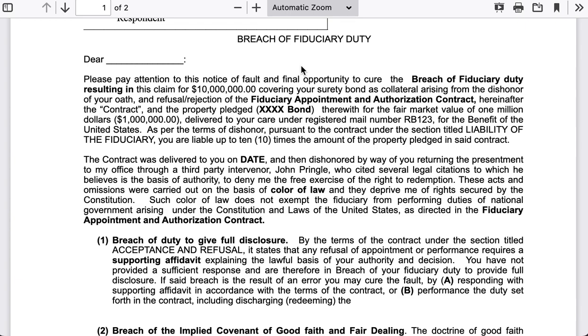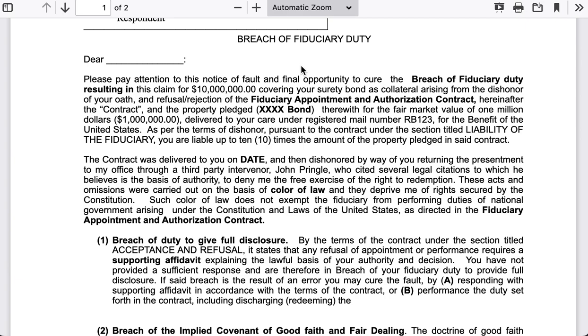The contract was delivered to you on, you put the date there, and then dishonored by way of returning the presentment to my office through a third-party intervener, John Pringle, who cited several legal citations in which he believes is the basis of authority to deny me the free exercise of the right to redemption, or whatever the right is, to discharge. This is a template.